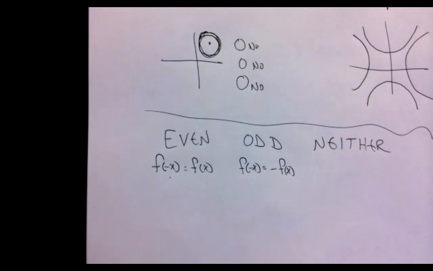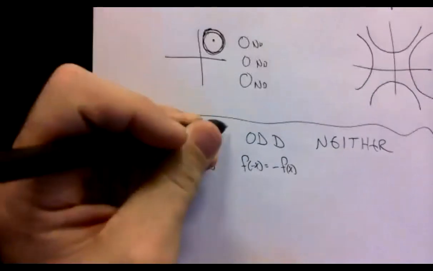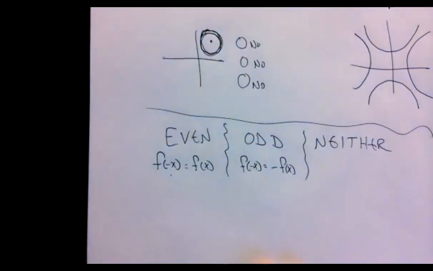So is it the x that you're focusing on? Correct. Even, odd, and neither is totally based off of your x values.